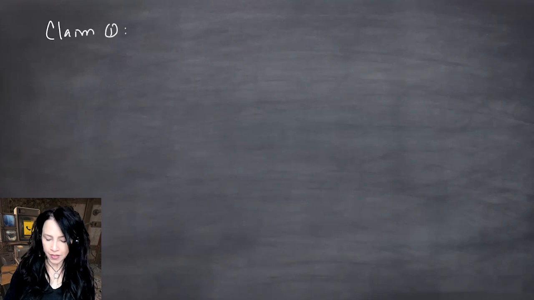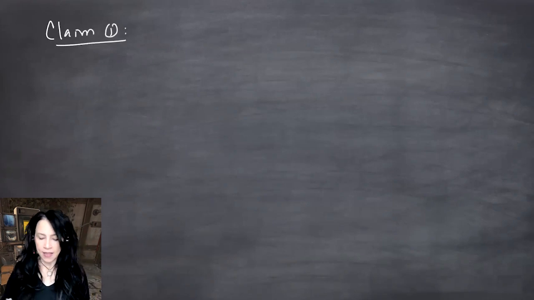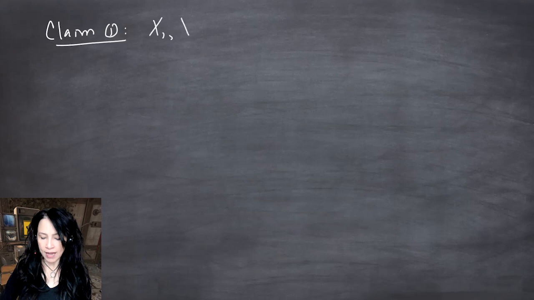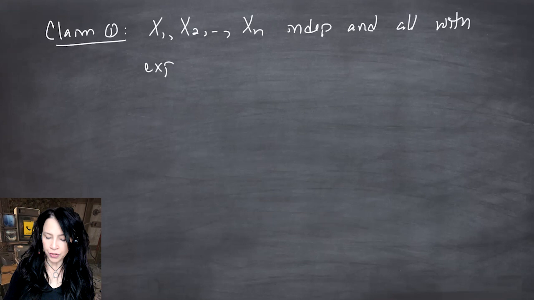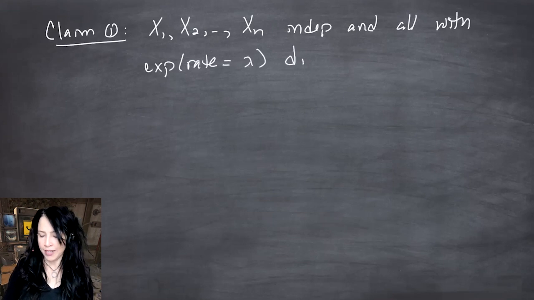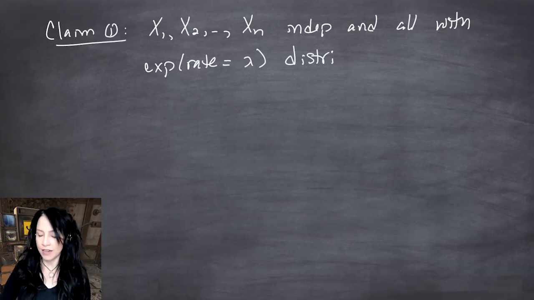Claim 1 is that if you have X1, X2, out through Xn, independent, and all with the exponential rate lambda distribution. So if you've had math stat or many kinds of stat courses, these are IID random variables.